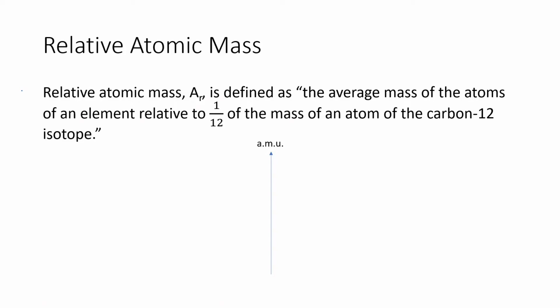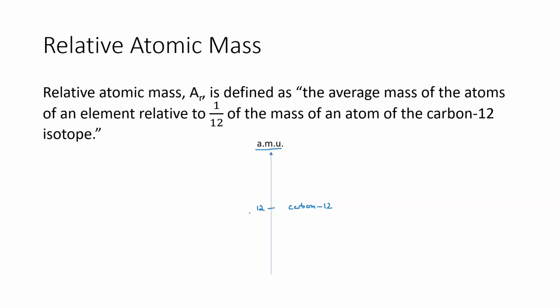Imagine we have a scale along which we are measuring the masses of atoms. And by the way, on this scale, we use atomic mass units, right? Atomic mass units are used to measure the masses of atoms. Now, on this scale, we're going to assign atoms of this isotope, carbon 12, a mass of 12 units on this scale, right?